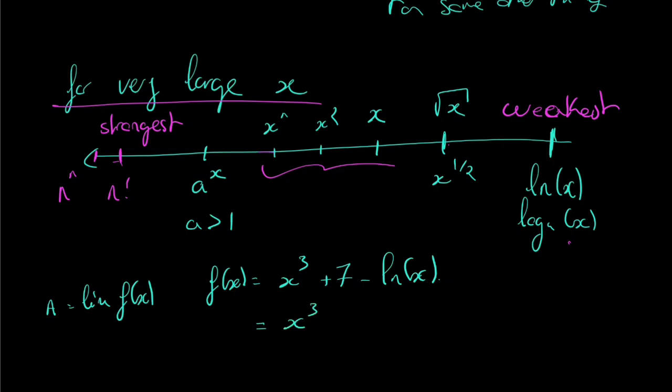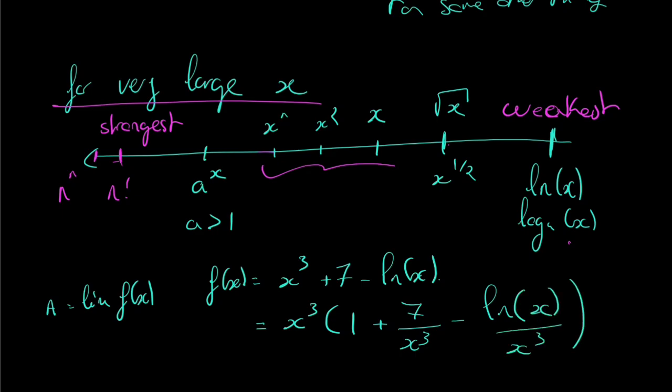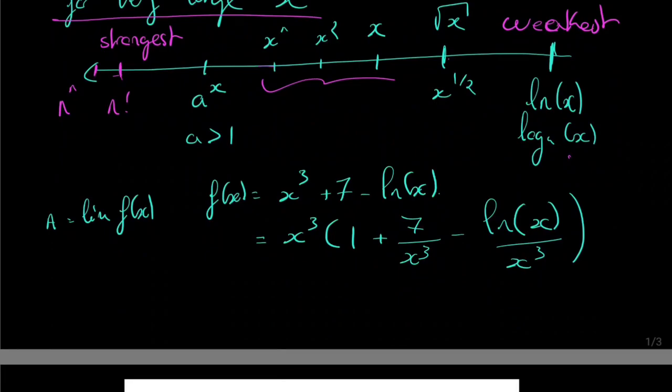This is equal to x to the third times 1 plus 7 divided by x to the third minus ln of x divided by x to the third. And as x to the third is a lot more powerful than ln of x, this will tend to 0 when x tends to plus infinity. And how can you justify it? You just say that this is because of compared growth.